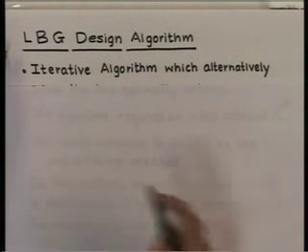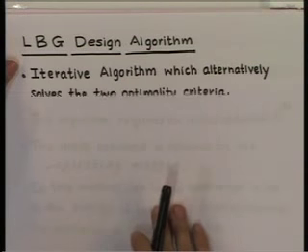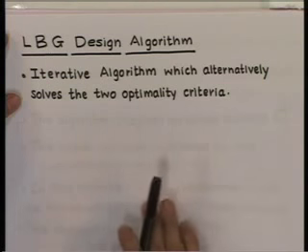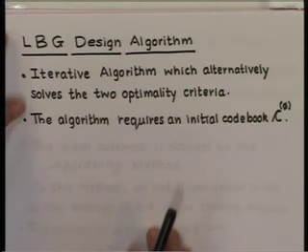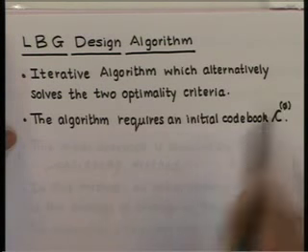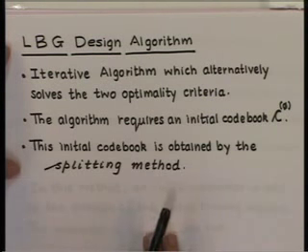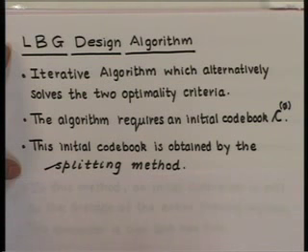So, let us discuss this popular algorithm, which is known as the LBG VQ design algorithm. This is an iterative algorithm which alternately solves the two stated optimality criteria. It requires an initial code book, and this initial code book is obtained by the splitting method.